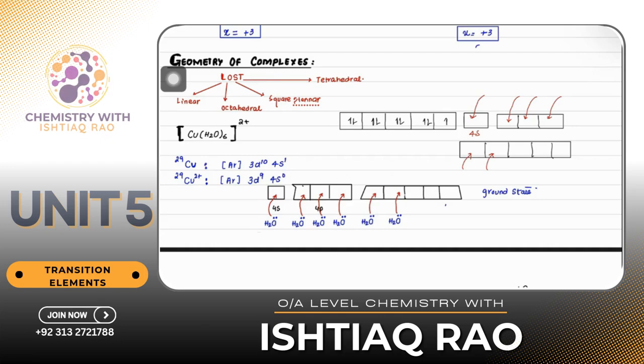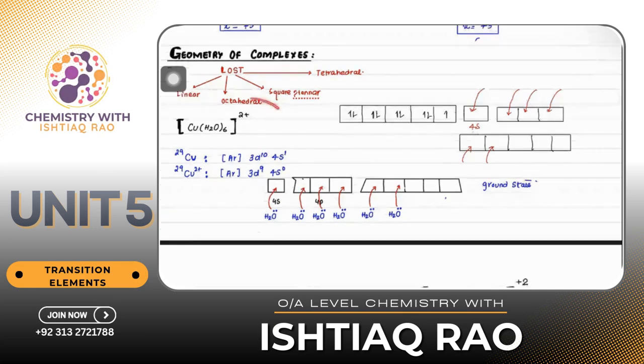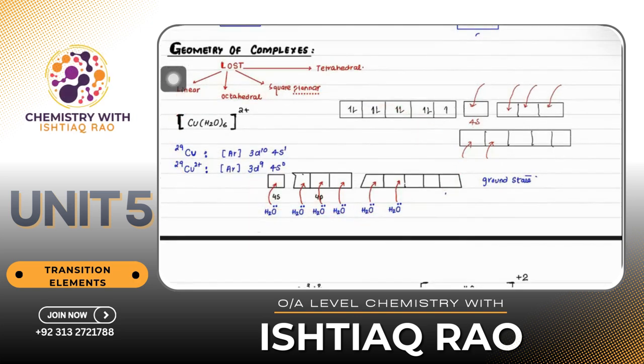They are saying that understand why complexes with six-fold coordination have an octahedral shape, such as those formed by metal ions with water, OH minus, and ammonia as ligands. Simple. And also with other ligands, we have to discuss the geometry that is going to be tetrahedral and then square planar. So I'm starting from octahedral complexes, that is CuH2O6.